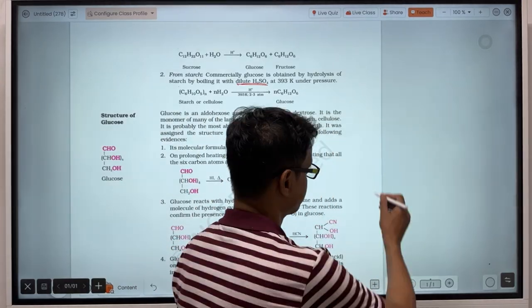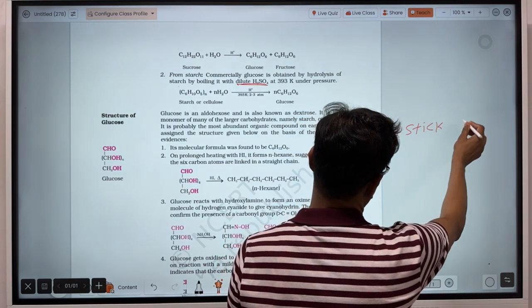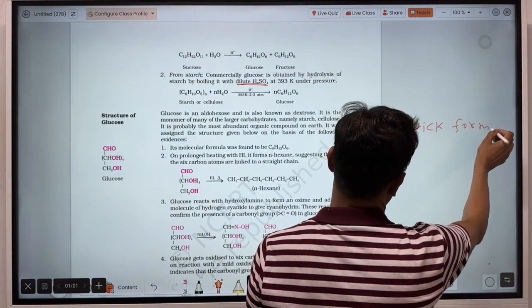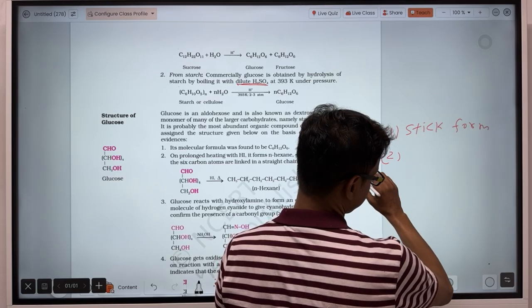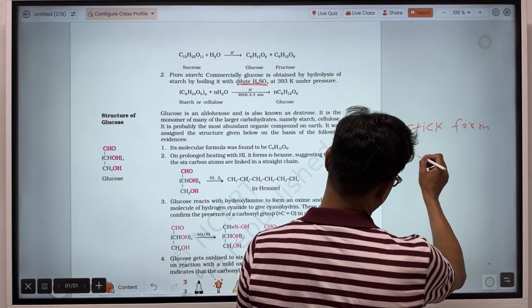One is the open chain form, and the second one is the cyclic form.